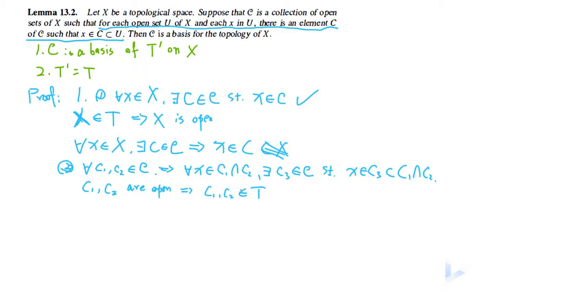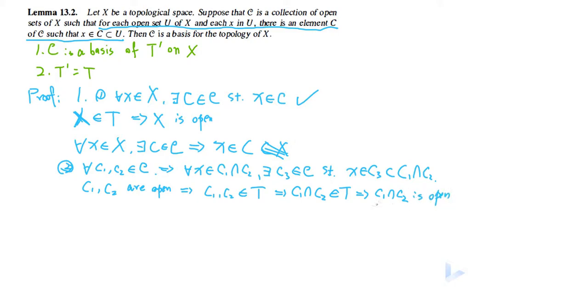So C1 and C2 should be elements of T. Then, because C1 and C2 are elements of T, the intersection of C1 and C2 should also be in T, according to the definition of topology. So the intersection is an element of T, and it means the intersection is open.